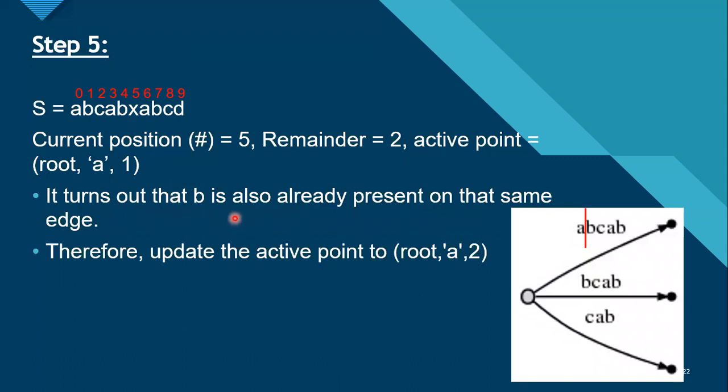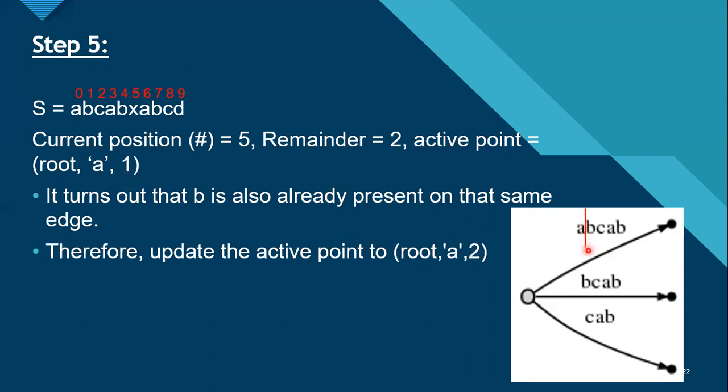So we start by appending the character B to all of the existing edges, like what we used to do. And the second step is that we will try to insert B. So now comes the role of the active point. The active point tells us exactly where we are going to insert this new character. So we go to the active point, and it tells us to go to the outgoing edge from the root node, the edge that starts with character A, specifically after the first character.